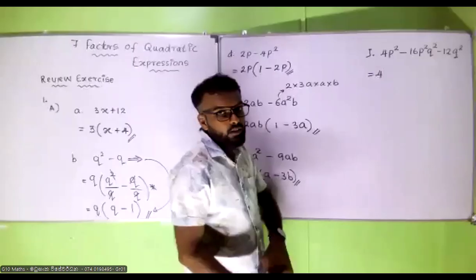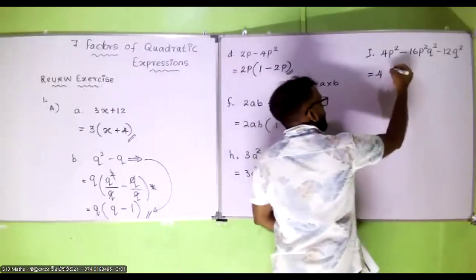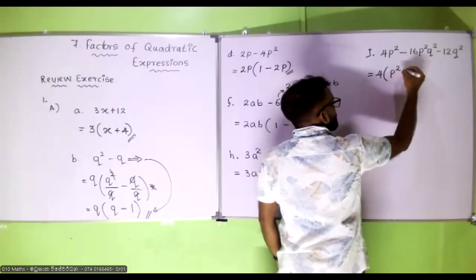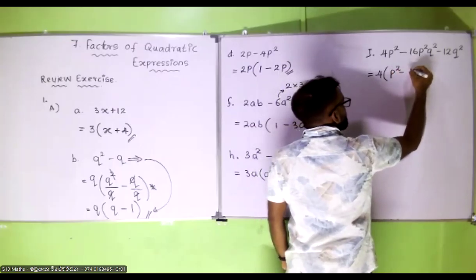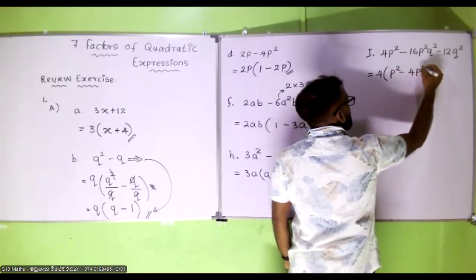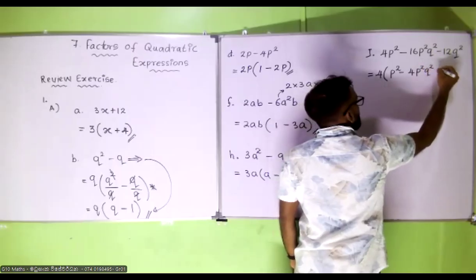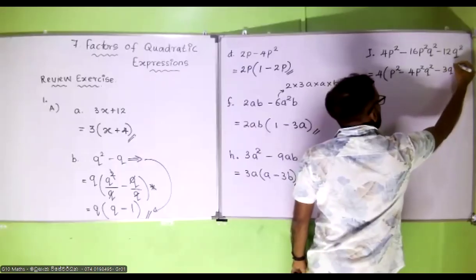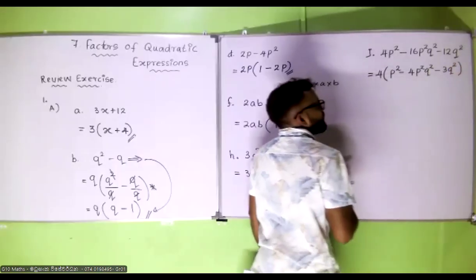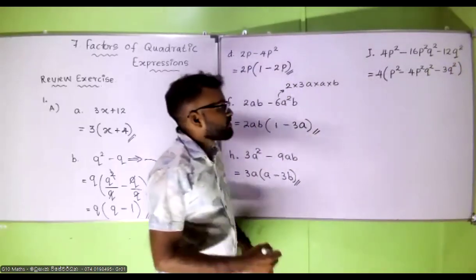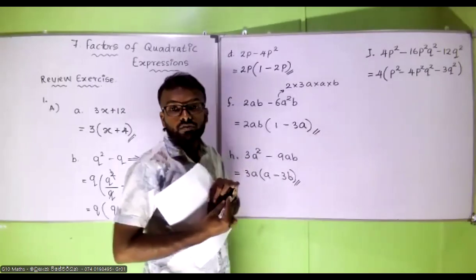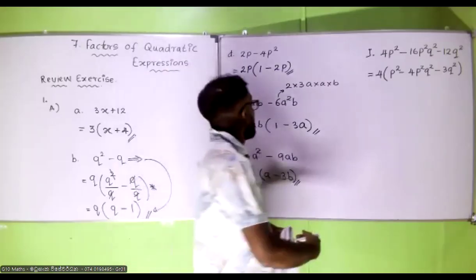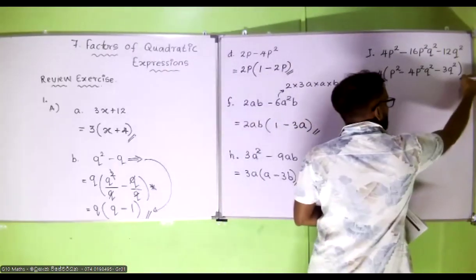Only number 4 is the term that you can take out. P square minus 4 p square q square minus 3 q square. None of the others will be a common term other than your number 4. So these should be your answers for these 4 questions.